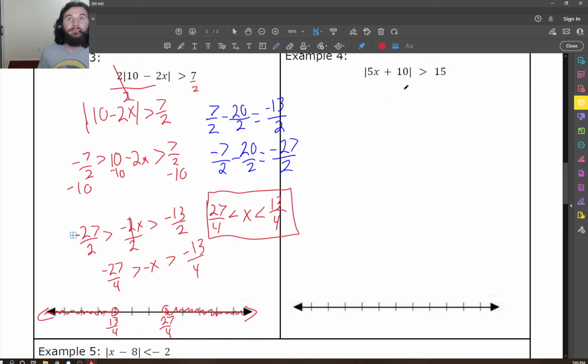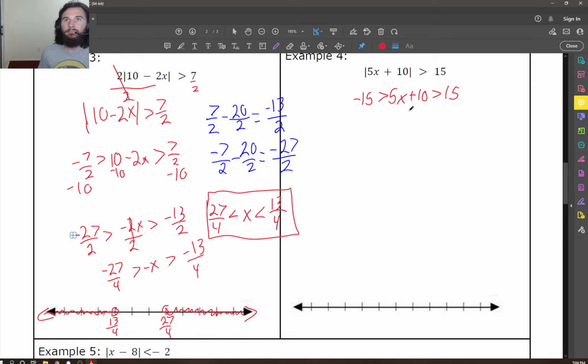All right, let's do one more. Oh, look, this one's actually going to be even easier. There is nothing outside the absolute value, no negative. So we just do 5x plus 10 greater than 15, which means we also have to do less than negative 15.